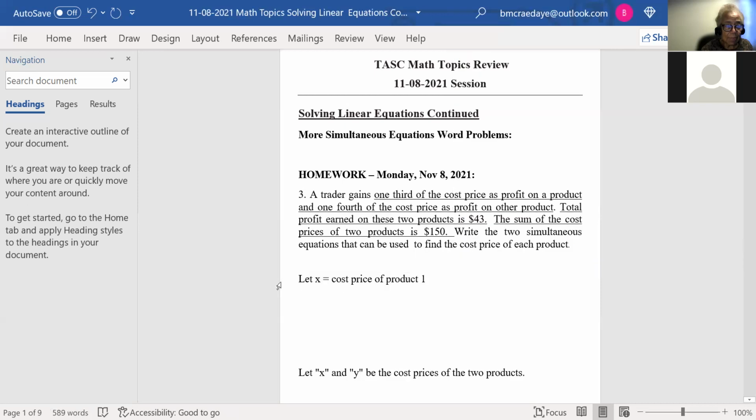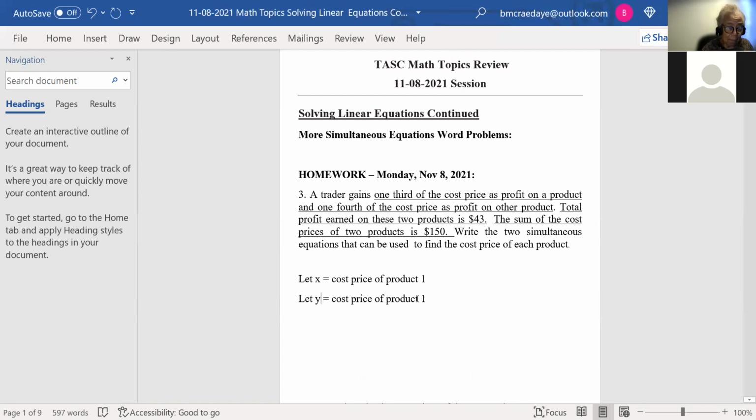Then we're going to say let Y, just copy that, now product 2. Let Y equal the cost price of product 2. You could use any variable.